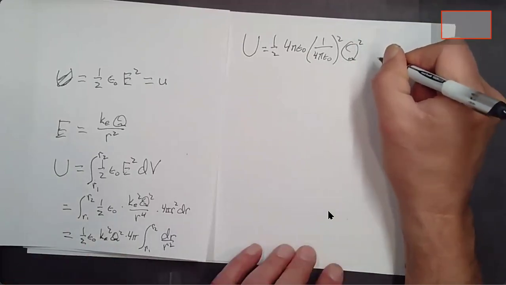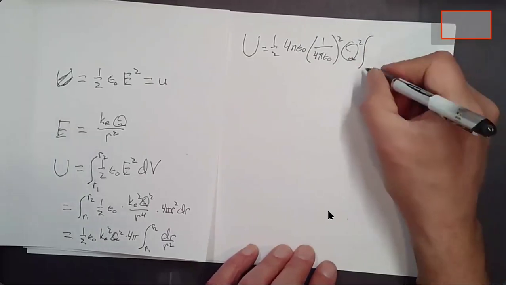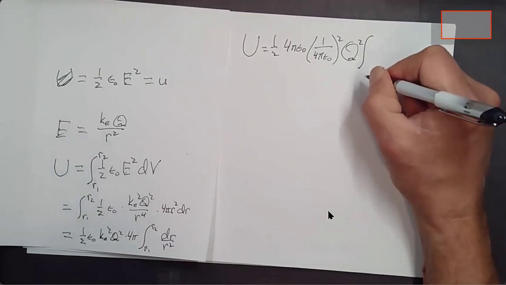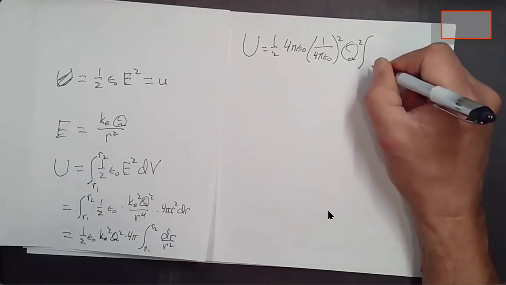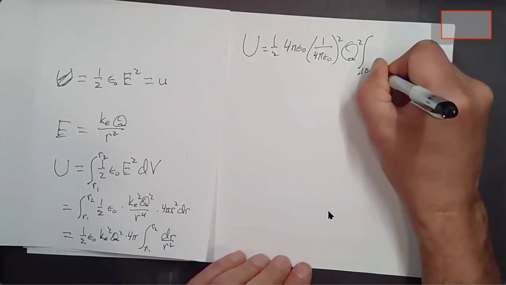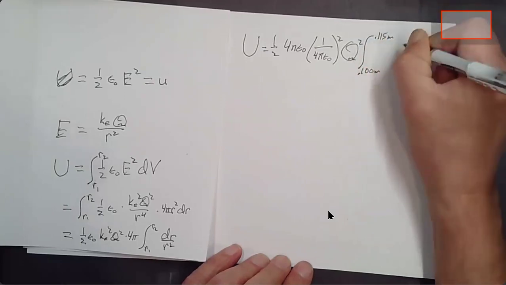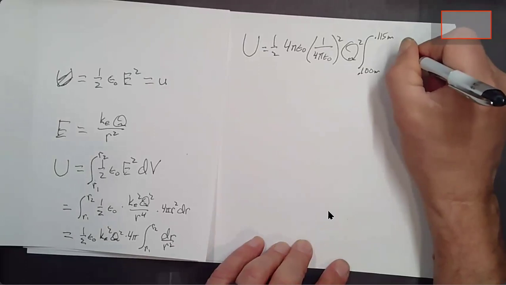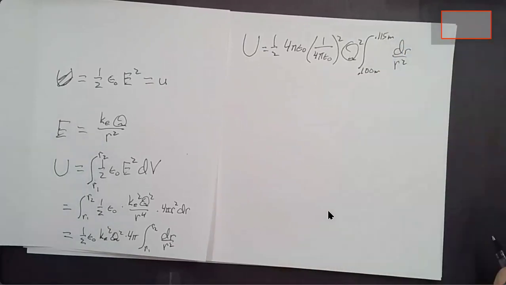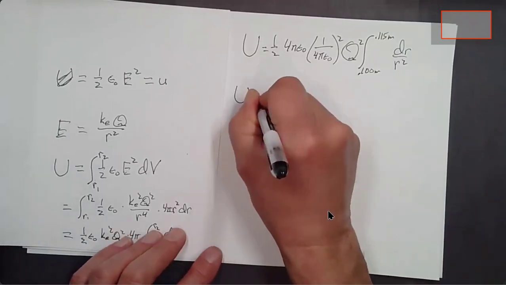And then I will be integrating from R1 to R2, which is 0.100 meters to 0.115 meters, dr over r squared.